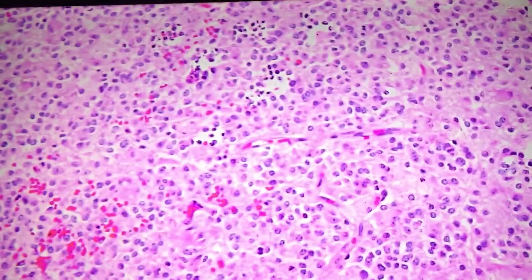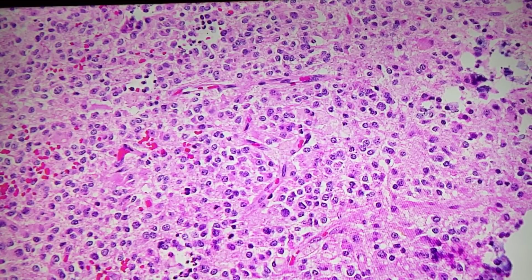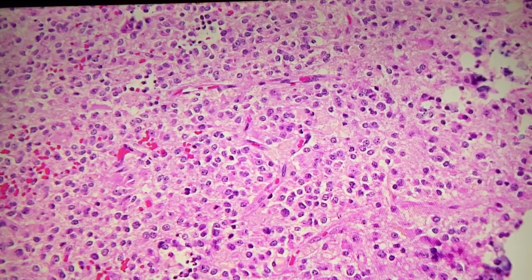Now, I feel that the morphology in oligo is very difficult because it overlaps with many other tumors. It overlaps with dysembryoplastic neuroepithelial tumor. Diffuse astrocytomas can have areas that look like this with more rounded nuclei. So we do IDH1 in all of these cases.